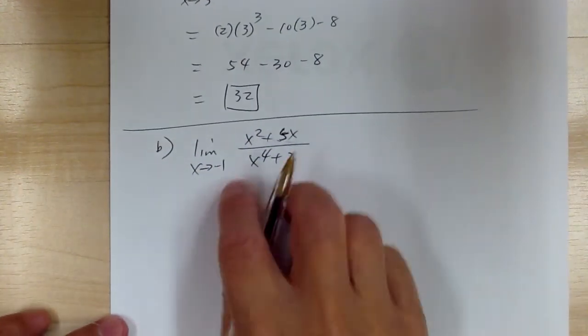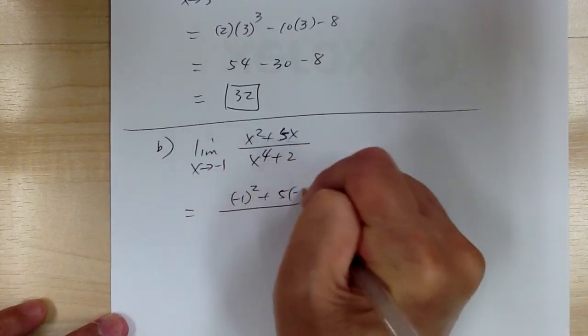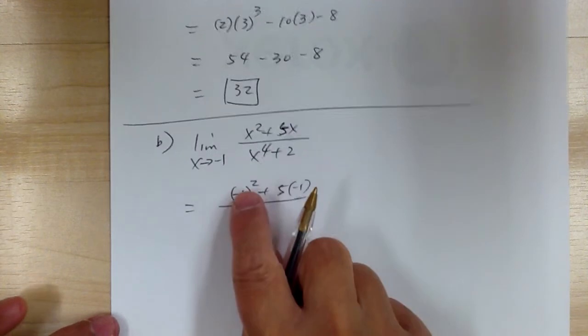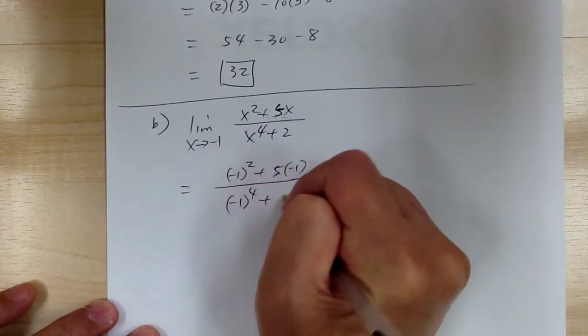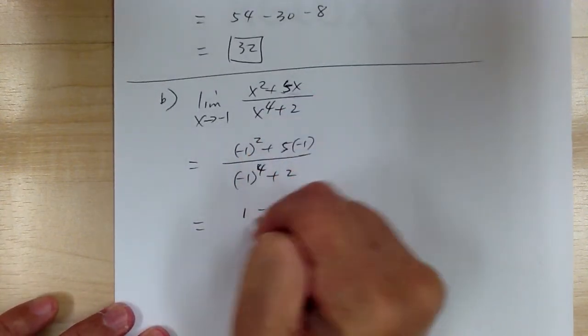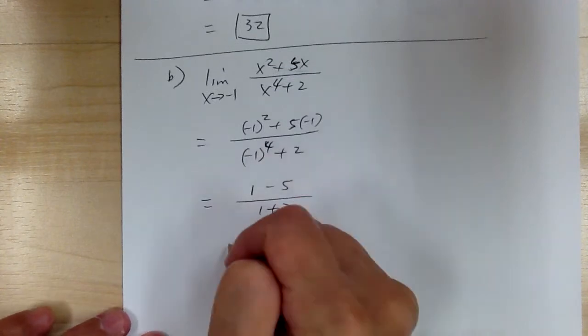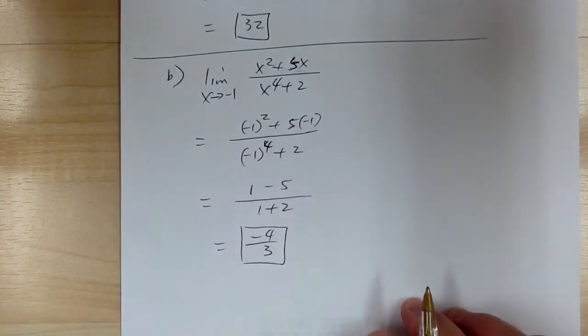So you can see if you can substitute directly. So you got negative 1 squared plus 5 times negative 1. Again, whenever you substitute, put in the parentheses, it helps you keep track of the negatives. So this will equal 1 minus 5 over 1 plus 2, equal to negative 4 over 3. And that's it. Okay.